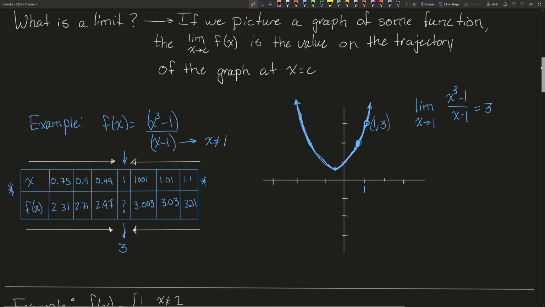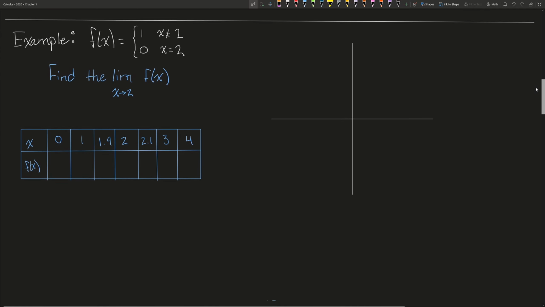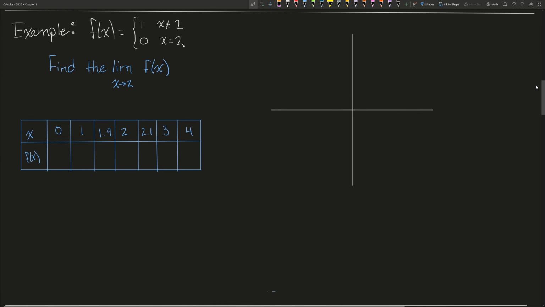So let's look at another example. So in this example, we have a function equaling two things given certain x values. All right, so we have f of x is equal to 1 when x is not equal to 2. And we have f of x is equal to 0 when x does equal 2. All right, so if we just think about that, f of x will always equal 1 unless x is equal to 2, in which case it's 0.